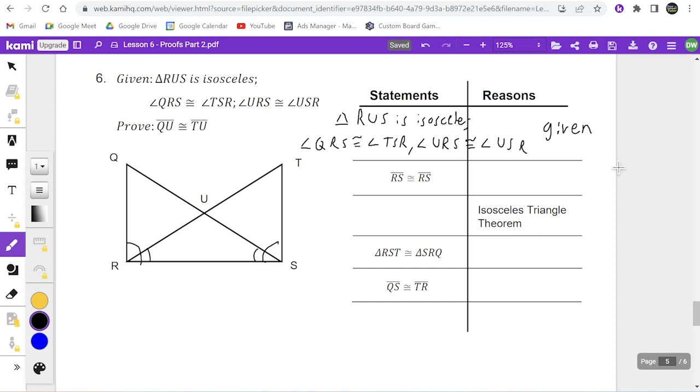Okay, so as you're writing this, also think about what we're going to be doing next. Because it looks like RS is congruent to RS. Any ideas? Reflexive property. Exactly. And tell me, why do you think I'm going to be using the reflexive property?